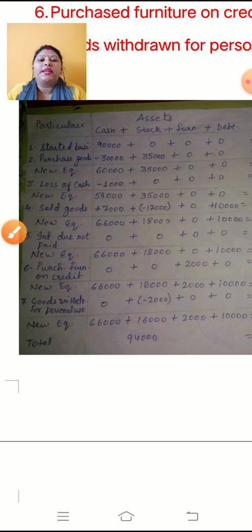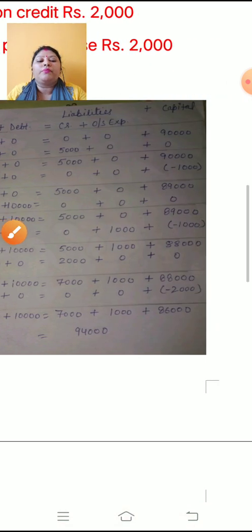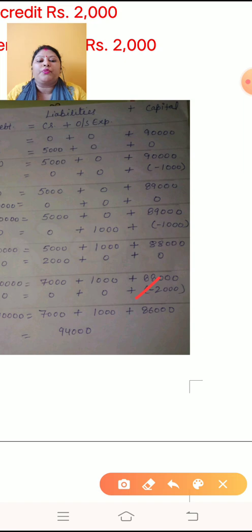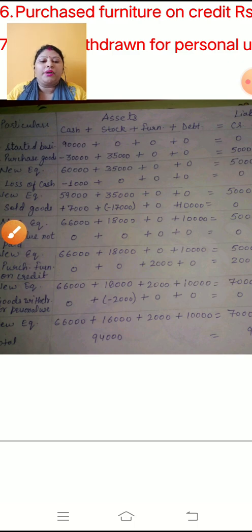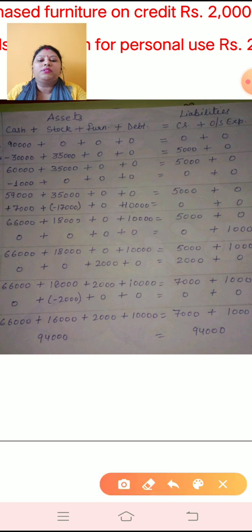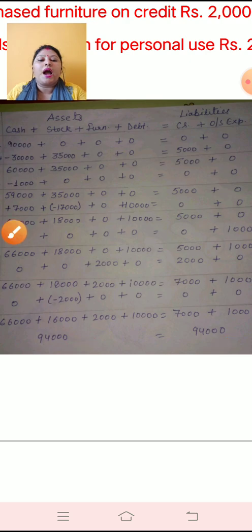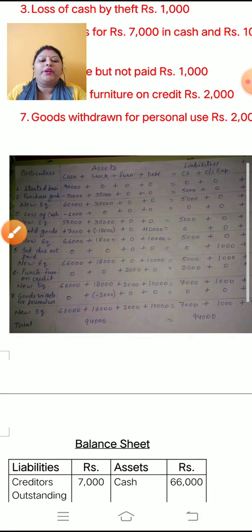Now this is an expense, so from the capital also you have to subtract 2,000. After this again you have to find out the new equation. Okay, so after the new equation you have to check the total. See, both sides are equal, 94,000. This is the accounting equation format, how you have to do the accounting equation.